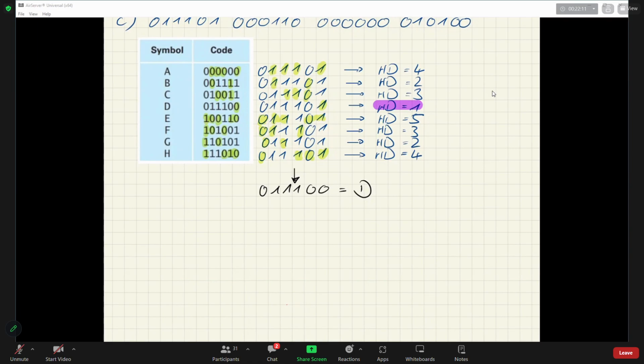Yes. Then you have 2 errors. So if you have the same Hamming distance for 2, and these are the smallest, then you have 2 errors and you can't correct. So with the Hamming distance of 3, you can detect 2 errors, but correct only 1.